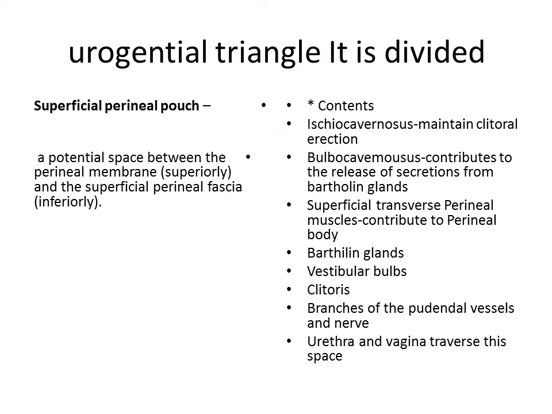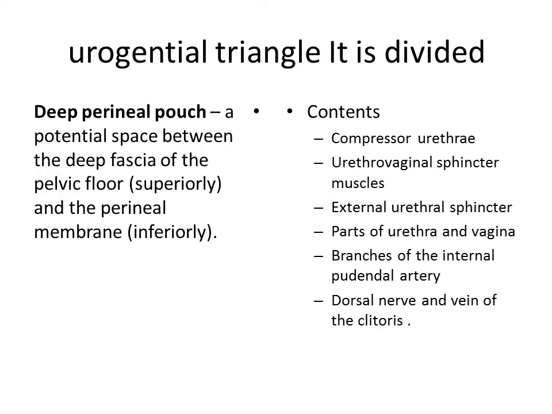Also in this space: Bartholin glands, vestibular bulbs, clitoris, branches of the pudendal vessels and nerve, and the urethra and vagina, which traverse this space. That is the superficial perineal pouch. The deep perineal pouch is a potential space between the deep fascia of the pelvic floor superiorly and the perineal membrane inferiorly.